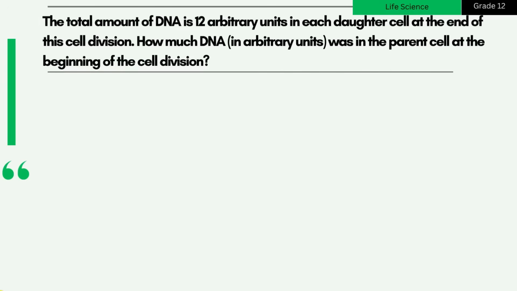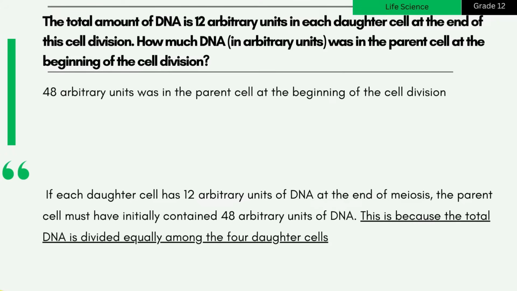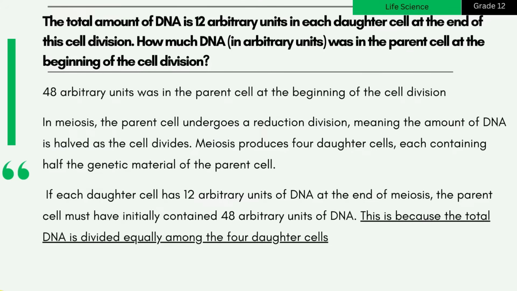Question. The total amount of DNA is 12 arbitrary units in each daughter cell at the end of this cell division. How much DNA, in arbitrary units, was in the parent cell at the beginning of the cell division? There were 48 arbitrary units in the parent cell at the beginning of the cell division. In meiosis, the parent cell undergoes a reduction division, meaning the amount of DNA is halved as the cell divides.